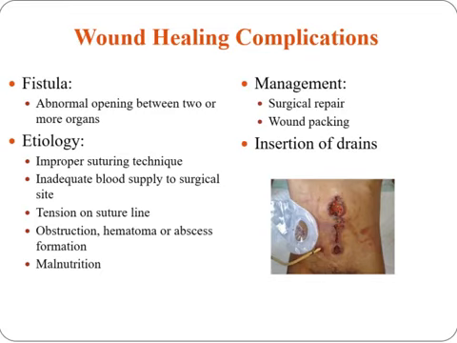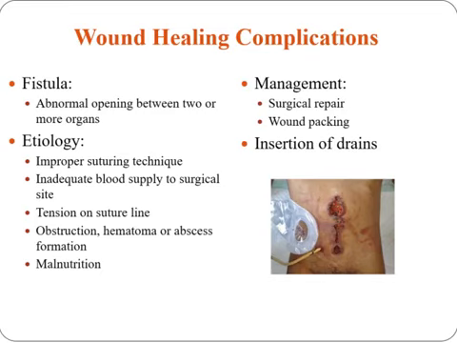Other complications are fistulas, which are abnormal openings between two or more organs. So this can happen a lot of times in GI wounds. So if you get that tunneling, it actually tunnels so far that it creates a new tract or a fistula. So this can happen due to improper suturing. There's not great blood supply to the surgical site.